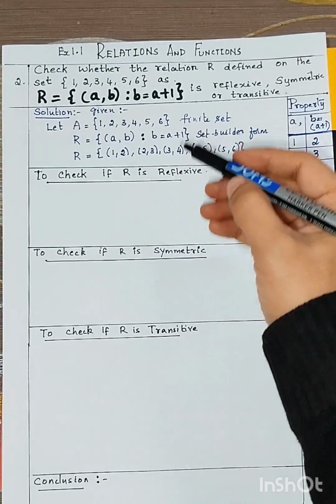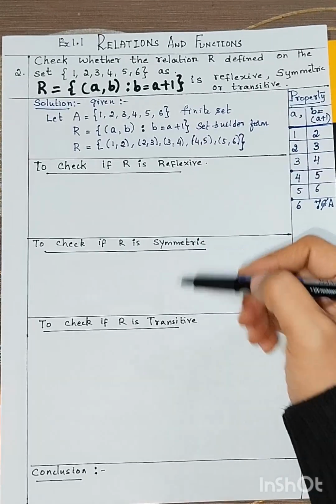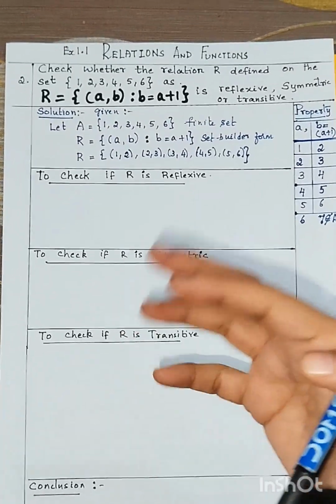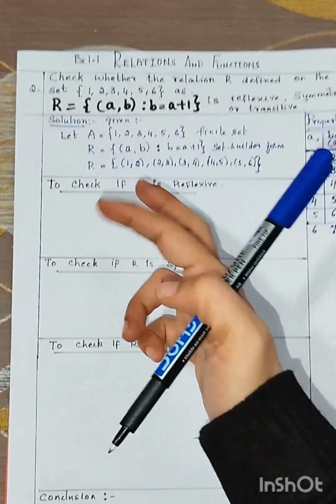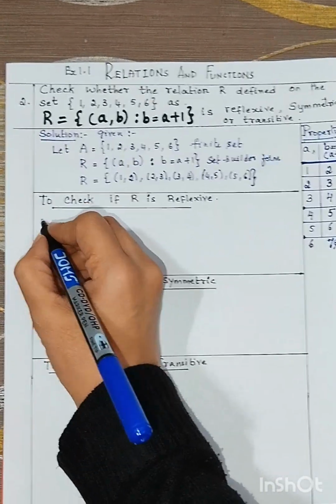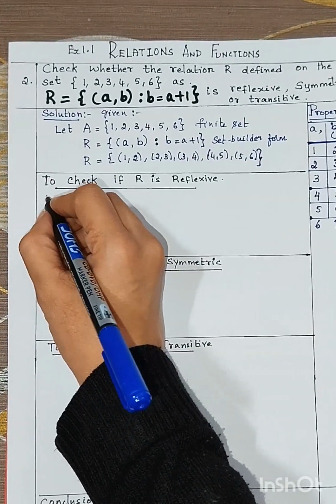We know that for a relation to be reflexive, symmetric or transitive, they have their own statements which have to be satisfied. So first we will check whether R is reflexive. Let us write the condition first.